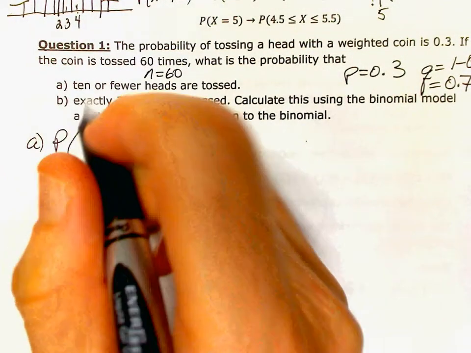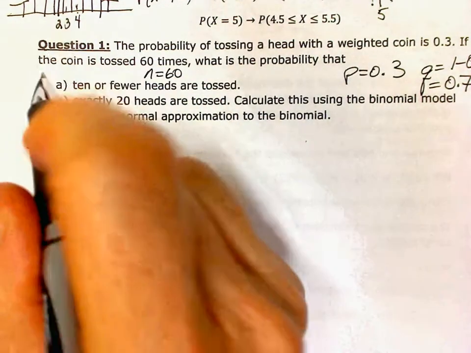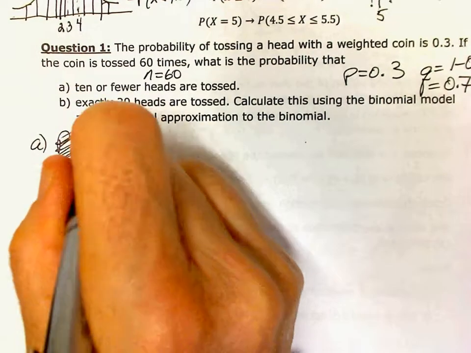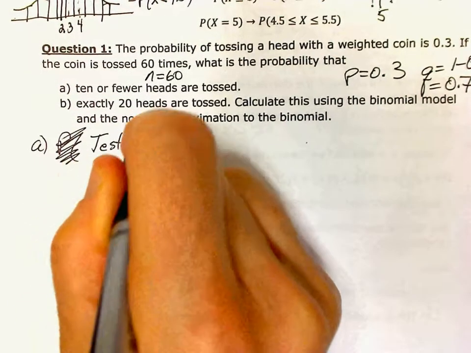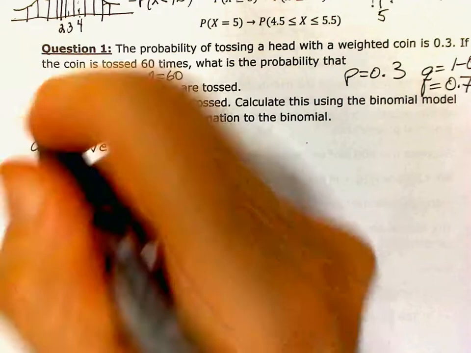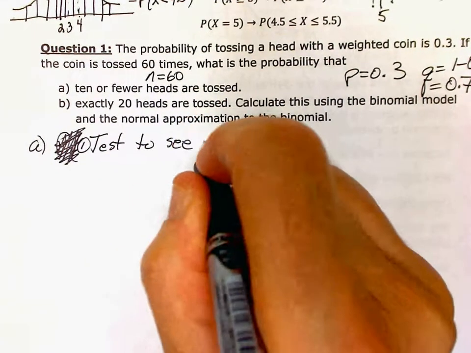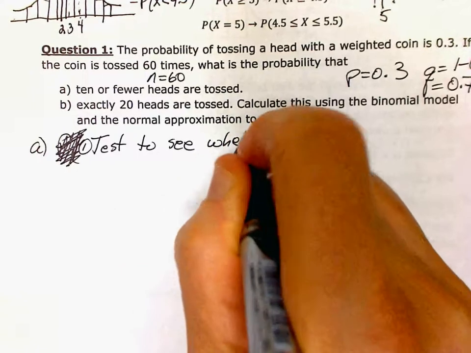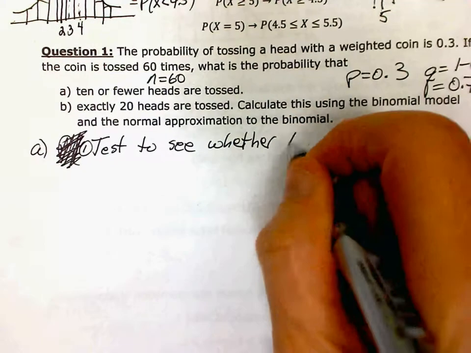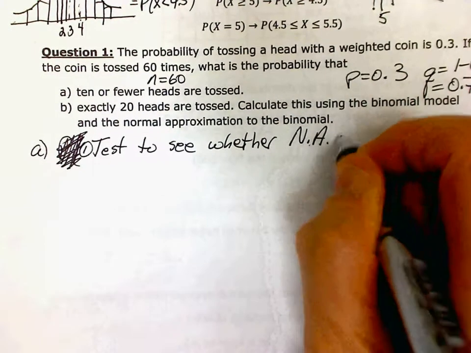Okay, let's do A. We have to test. This is step number 1 for an easy mark: test to see whether normal approximation is appropriate.